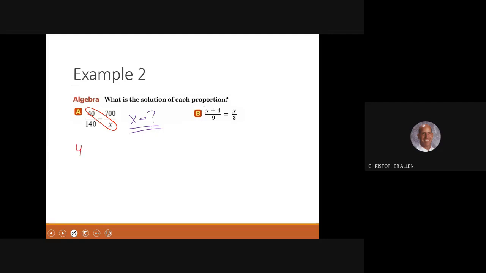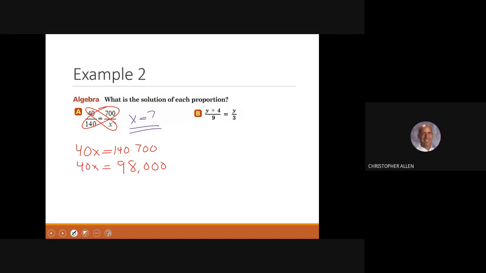Those are the extremes. So 40x equals, and then you have to multiply by what's called the means. So now we're going to take 140 and multiply that by 700. Now I'm not going to try to do these in my head and make a careless mistake. So I'm going to take that 140 times 700, and I get 98,000 for that one. That's a big number.